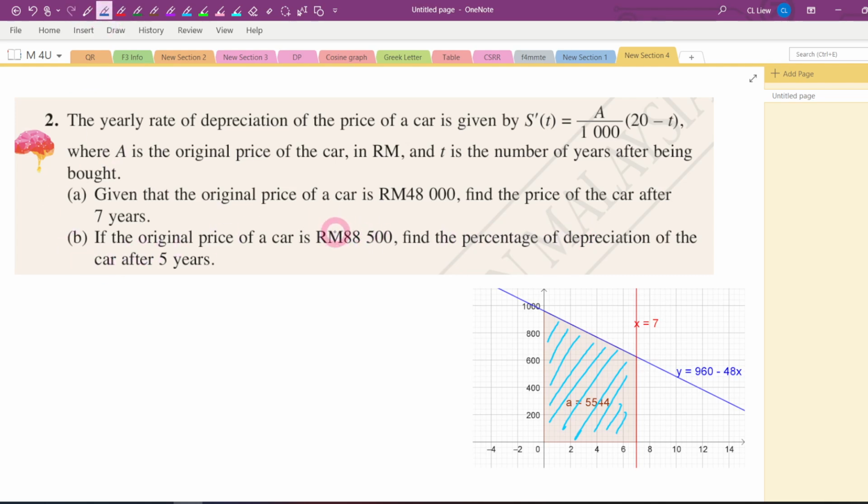Now I'm going to bring this 88,500 into this equation. When A is equal to 88,500, the rest you just copy, and this is 20 minus T.